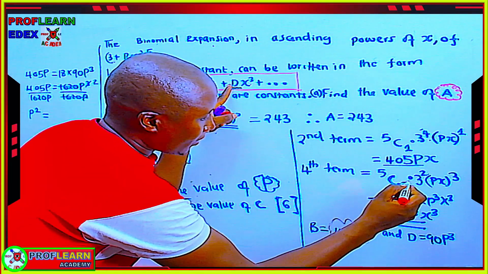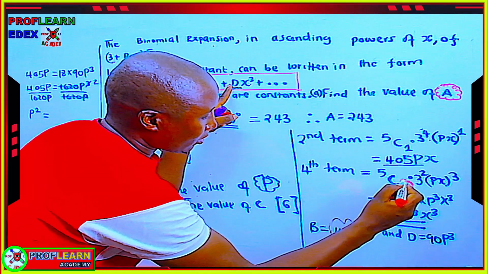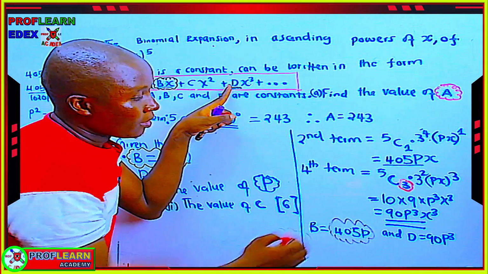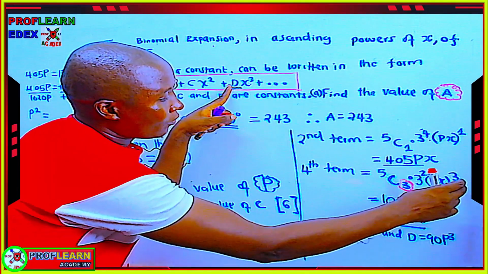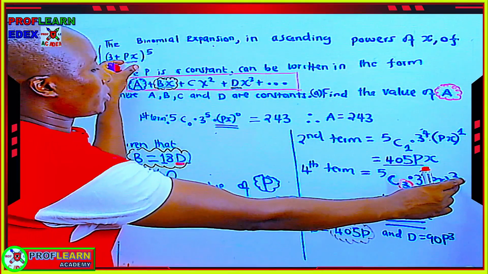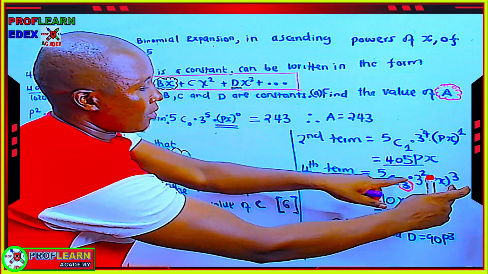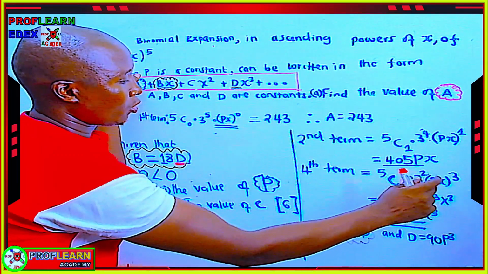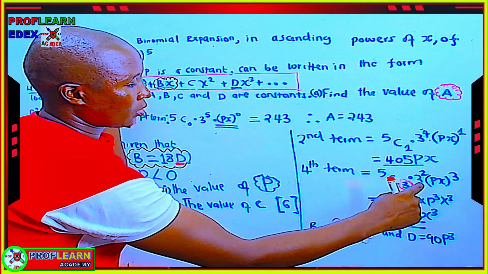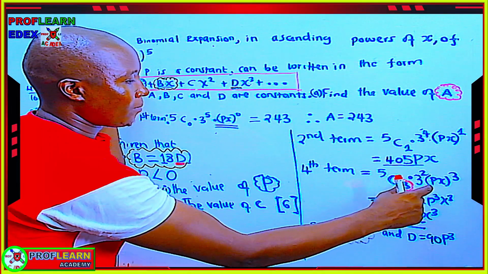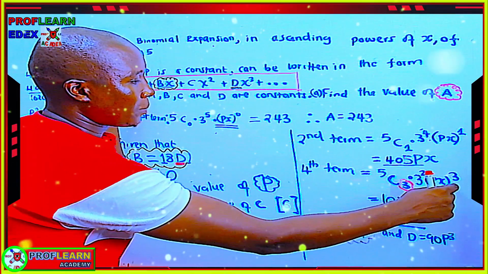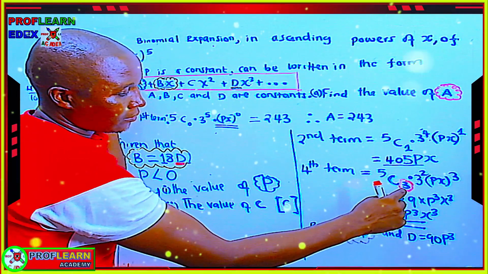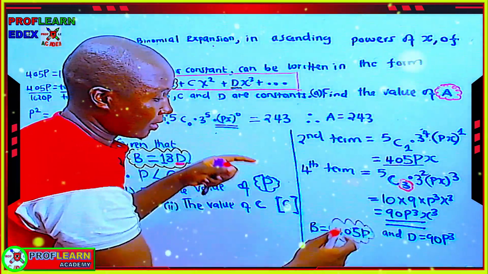So this power 3 that we are having here is usually the power of the second term. If you want to know what the first term's power will be, it will be 5 minus 3, that will be 2. So in this fourth term, 3 will be raised to power 2, but px will be raised to power 3, and it's usually the lower one at this given point.